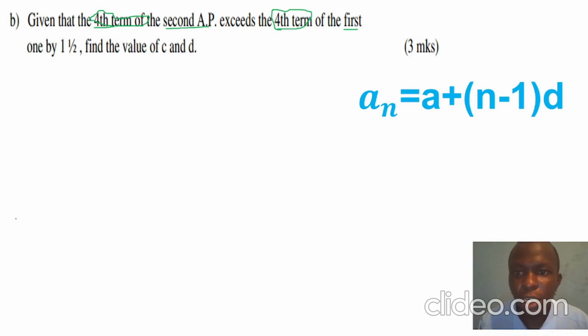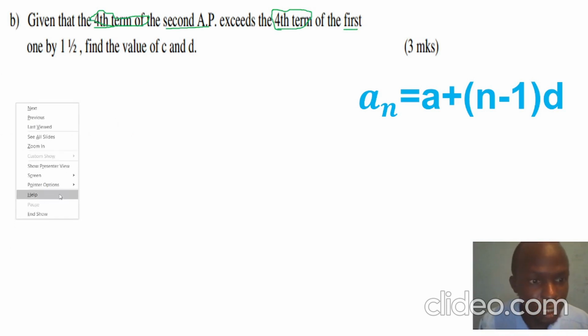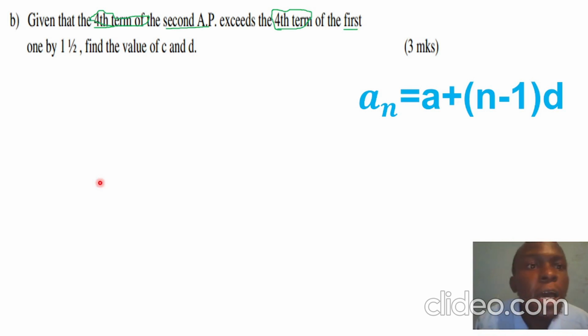Now, once again, I would like us to think together. Let us think together before we look at the solutions. Now, the fourth term of the second, so if you talk about the fourth term, we are going to substitute this n with 4. So 4 minus 1 is 3.